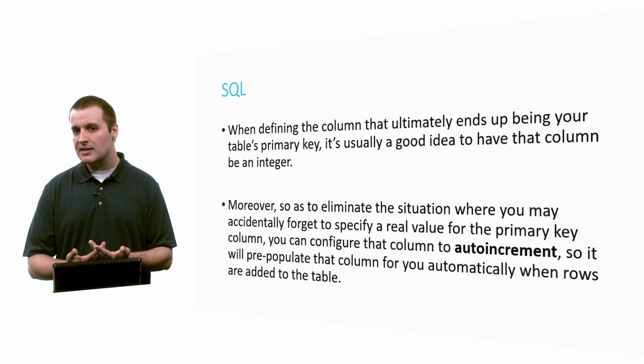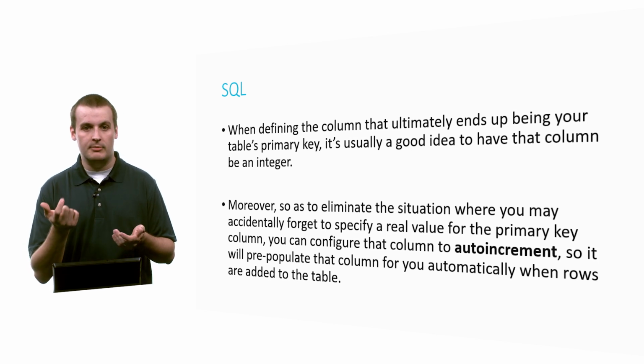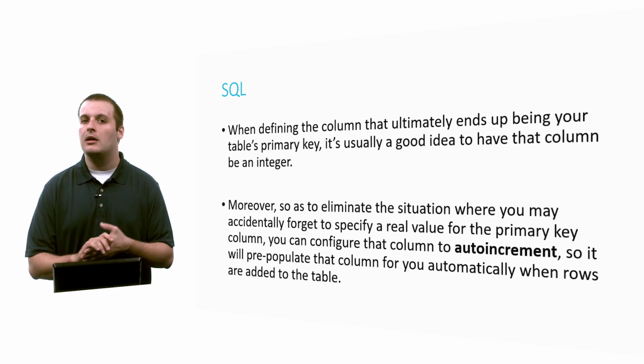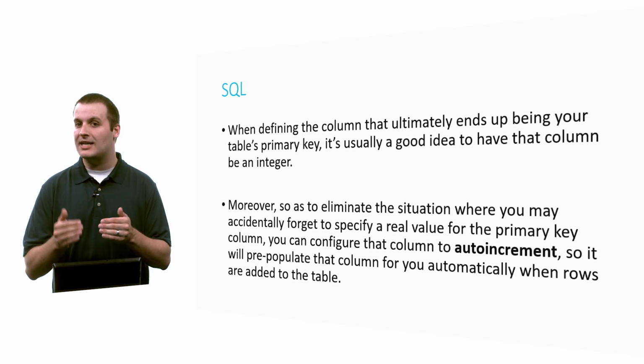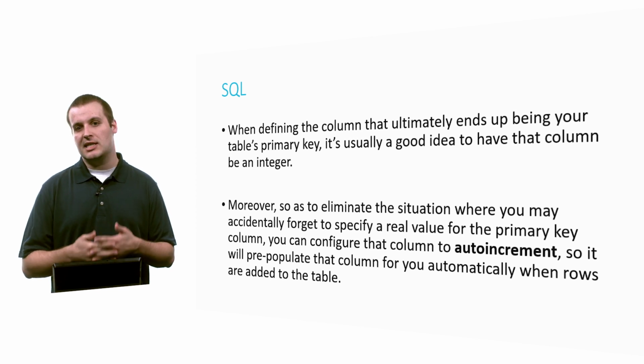And if you forget to specify it for more than one person, you now have a situation where that column is no longer unique, right? You have 2 blanks, so you can no longer uniquely identify a row based on that column. It's lost all of its value as a primary key.